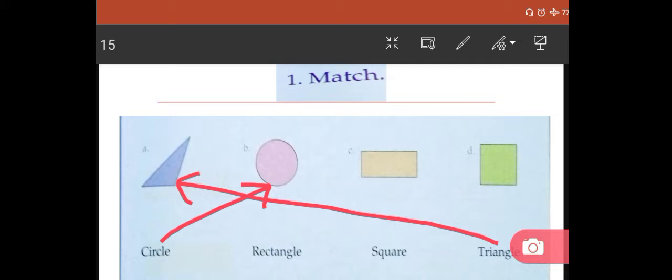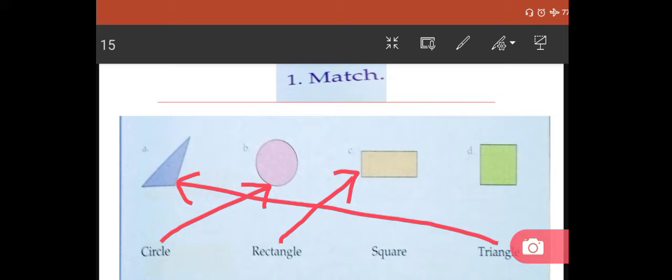Now number C, you identify very easily. This is rectangle. And the spelling is RECTANGLE. Now we will match the shape of rectangle with the spelling.